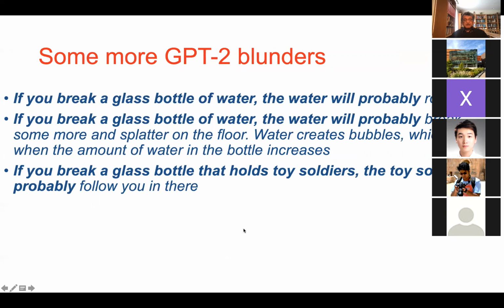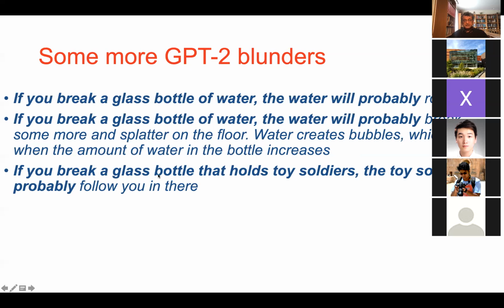Some more GPT-2 blunders. If you break a glass of water, the water will probably... okay, we're asking GPT to complete this sentence, and it gives these kinds of answers. If you break a glass of water, the water will probably spill some more and splatter on the floor. Water creates bubbles when the amount of water in the bottle increases.